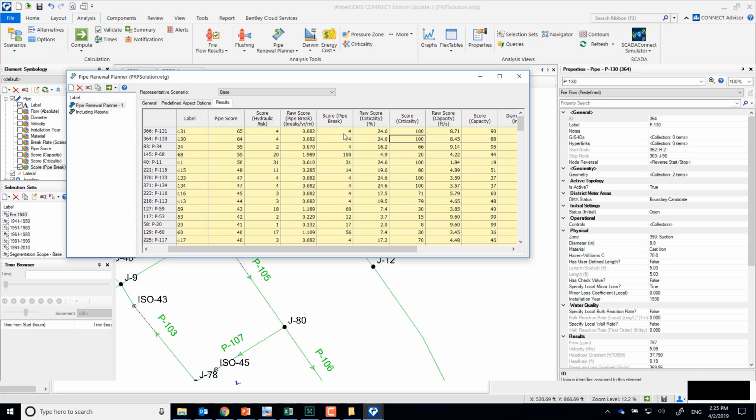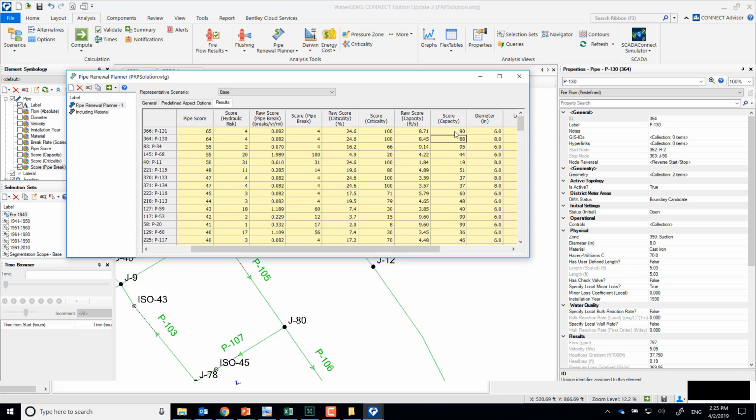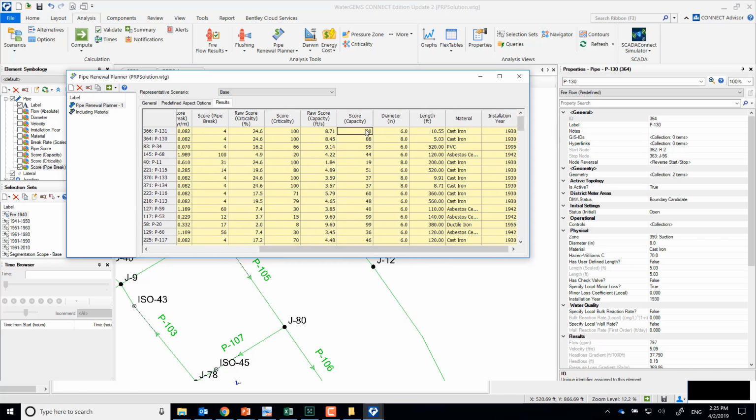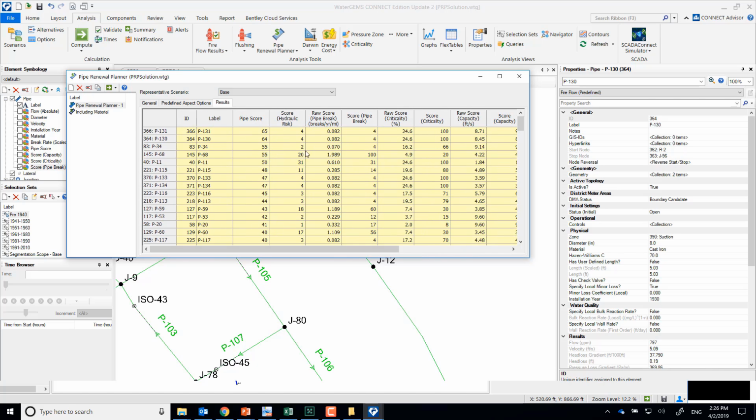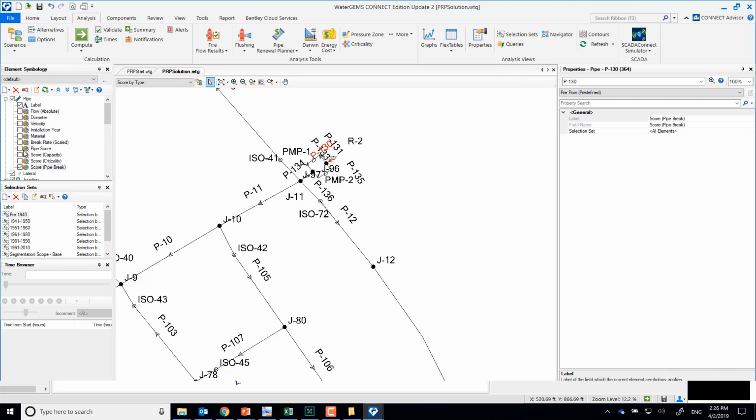Their pipe break score is small. They also seem to have scored high on the capacity. So they could have high velocities. This one 6-inch and this one 8-inch. Okay, so you can make your decisions based on that final pipe score, and we can just show that.